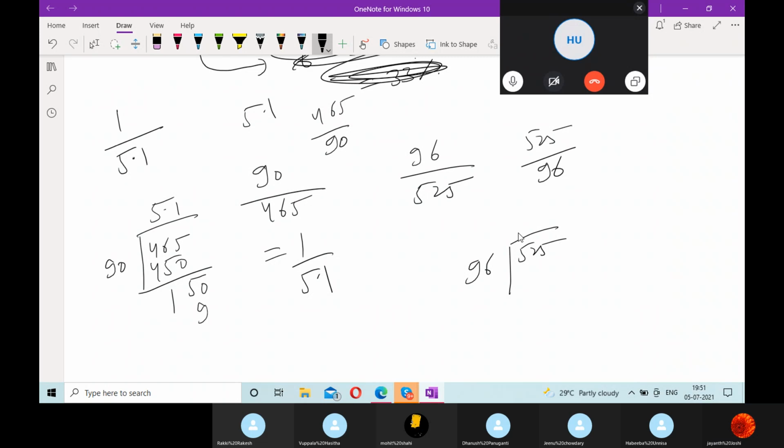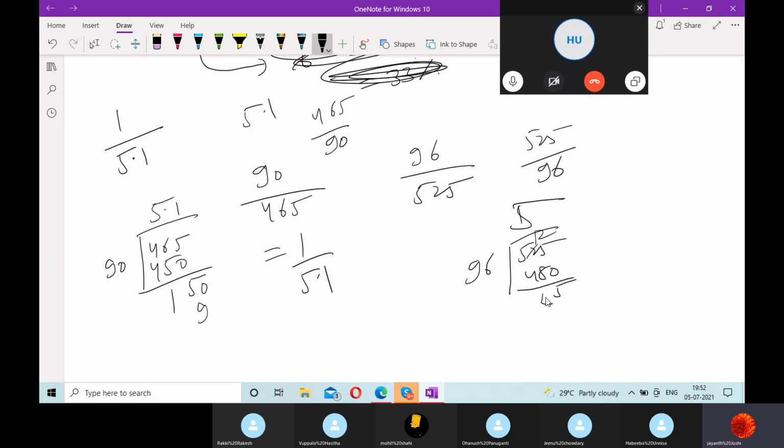So 96 ones are 96, 96 twos are 192, 96 fours are 384. 96 fives are 480.